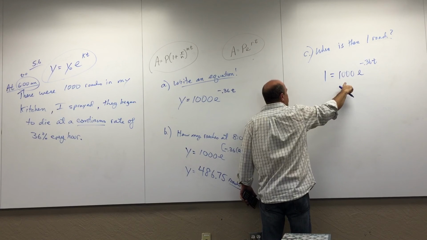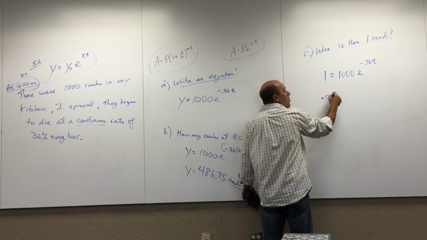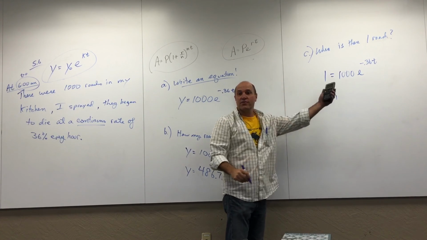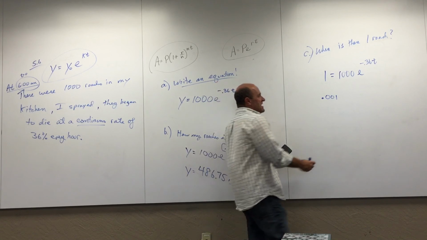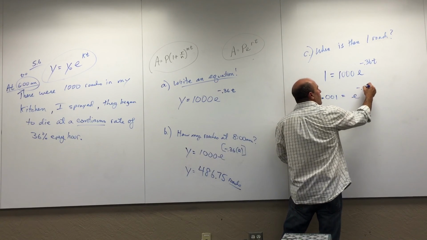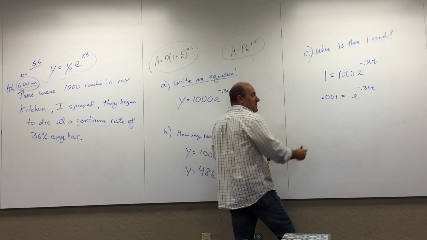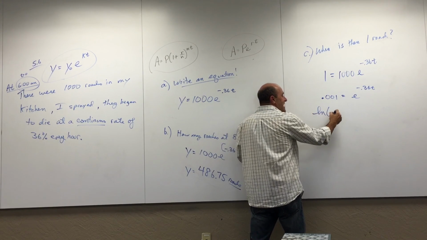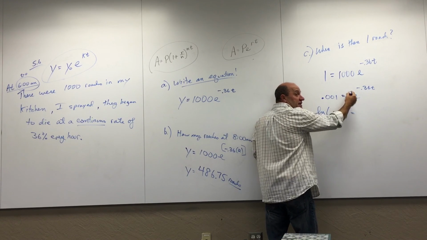What should I do? Divide by 1,000. If you divide by 1,000, you get 0.001. 1 divided by 1,000 equals e to the negative 0.36 t. What do y'all want to do now? Natural log both sides. I love it. The natural log over here is going to kill the e.